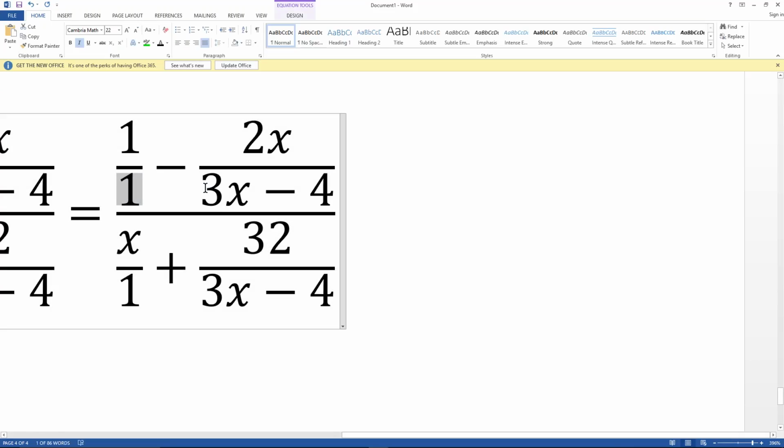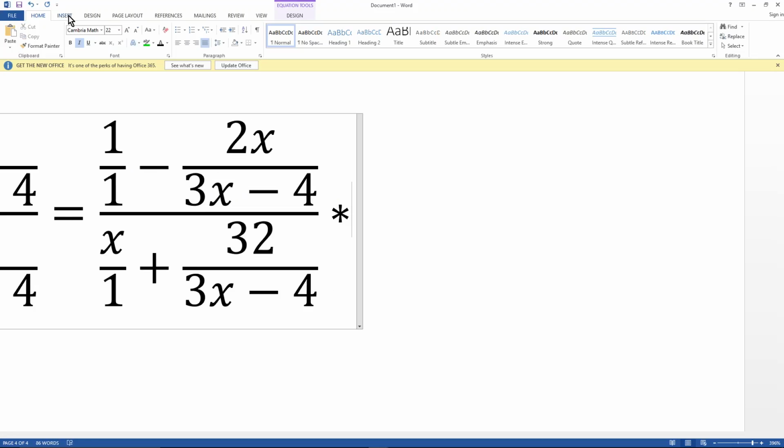Now, if you look on the numerator or on the denominator right here, the common denominator will be 1 and 3x minus 4. Do you agree?